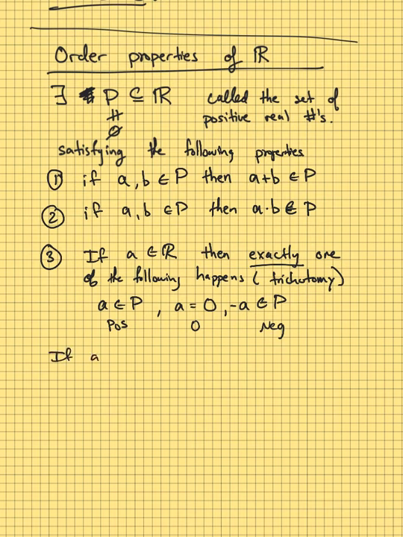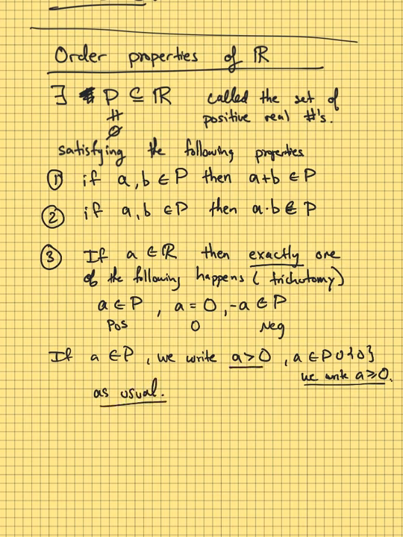Okay, so if A is in P, we write A is greater than 0. If A is in P union 0, we're going to write A is greater than or equal to 0, as usual, okay? And again, this is just notation, right? We're not thinking of this as meaning anything at this point. It just tells us that we're in this particular set that we care about, okay?